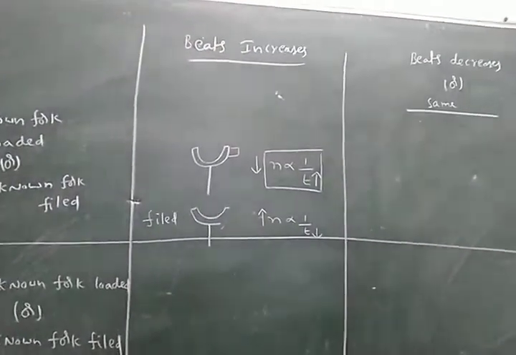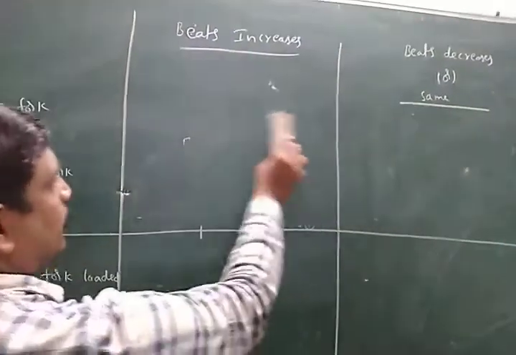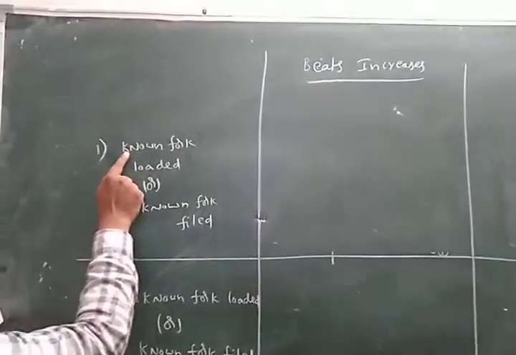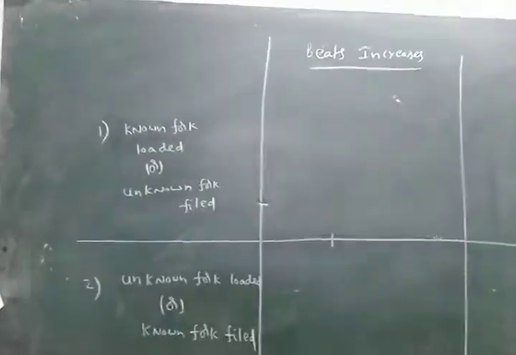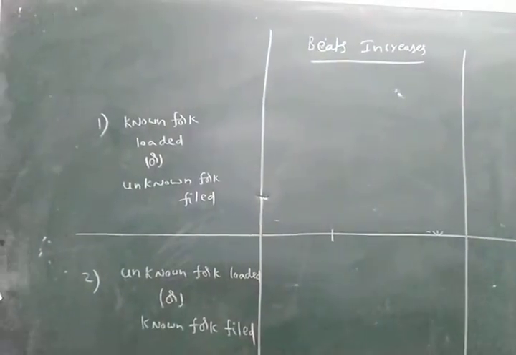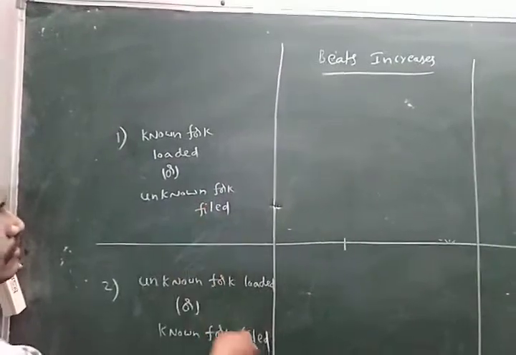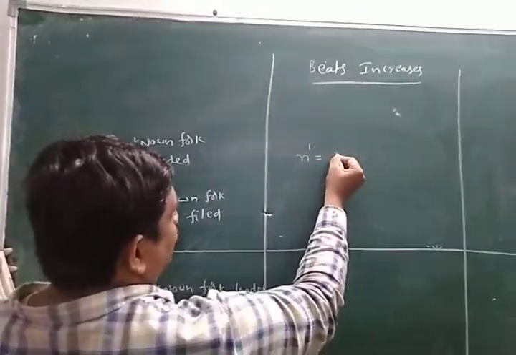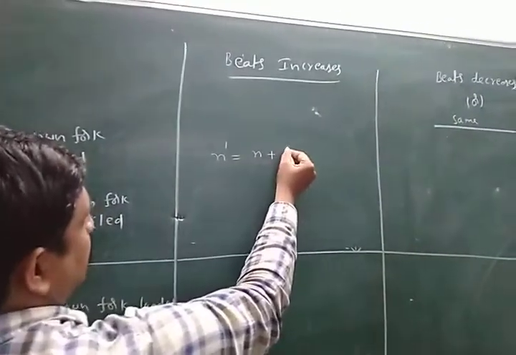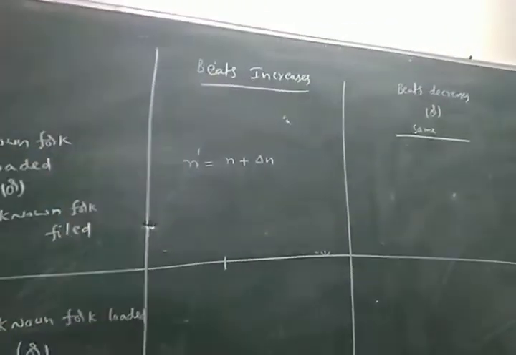To solve these problems, these conditions are to be followed. Once again, what is the first condition? Here the known fork is loaded, or the unknown fork is filed. Here the formula is n dash equals n plus delta n, when the beats increase.